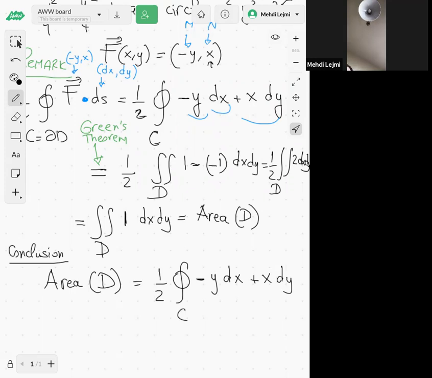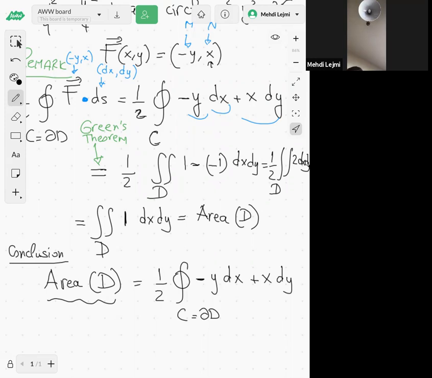And this is very nice because it gives you a relation between the area of a region, which is a two-dimensional notion, and a one-dimensional notion, which is just the vector line integral along the boundary.